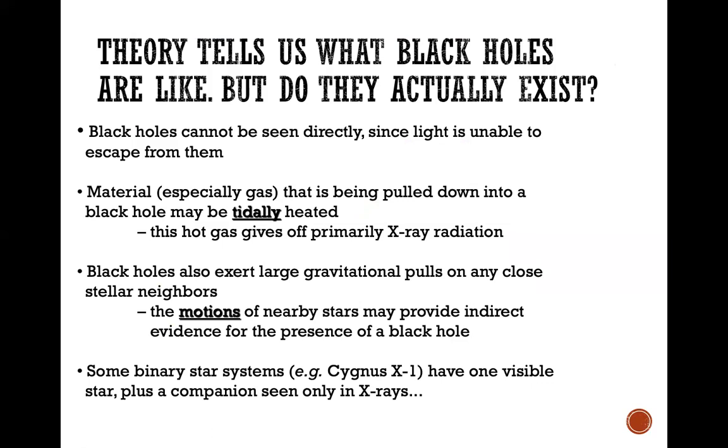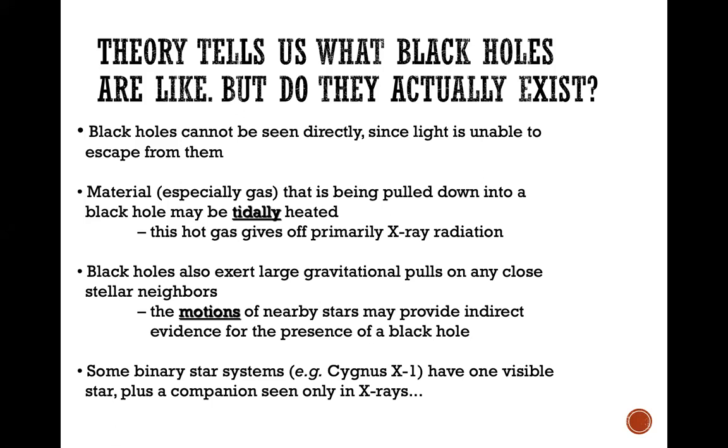Do these black holes actually exist? Right. Now, we know that light doesn't escape from black holes, which means black holes cannot be seen directly since the light is unable to escape from them, right? However, the material that is being pulled down into a black hole may be tidally heated. Once the material is pulled down towards the black hole, it gets heated.